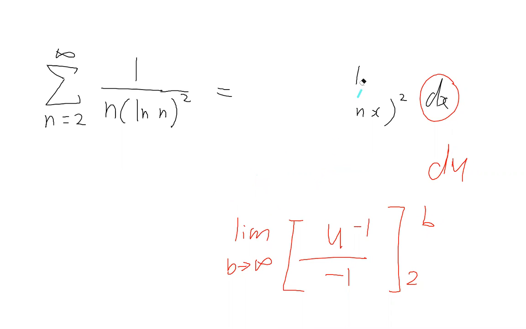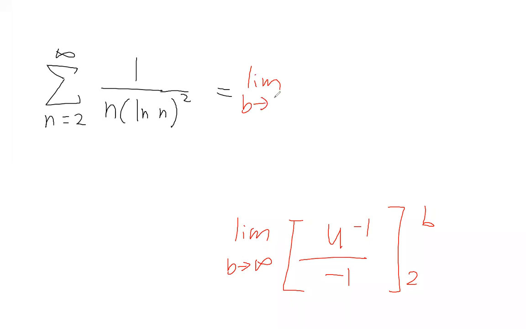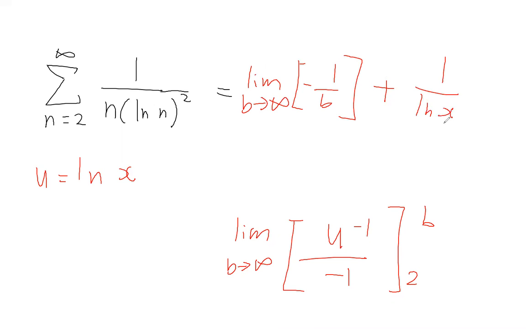Okay, so right now we're going to put in the values b and 2. Since 2 is a constant, the limit is only for the b. All right, it is negative 1 over b minus, my negative becomes a positive, and u here, remember we just now let u equal ln x, so it becomes 1 over ln x, whereby my x is 2, and b here I need to change into ln b.